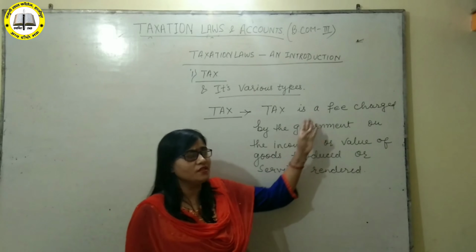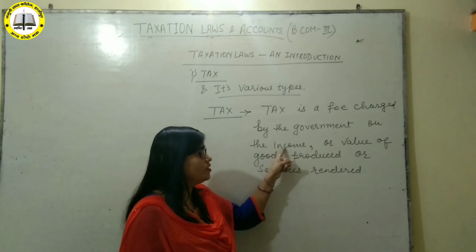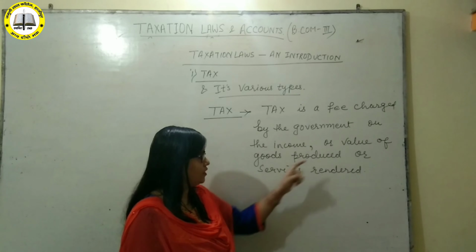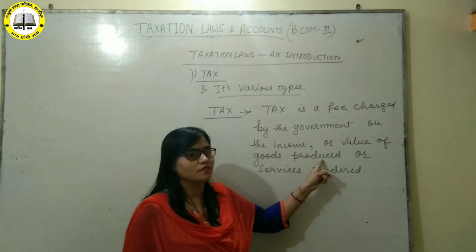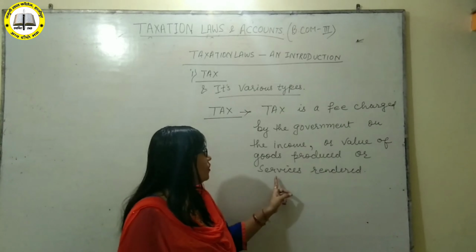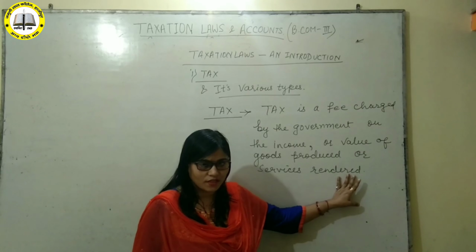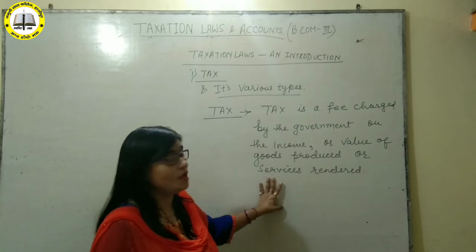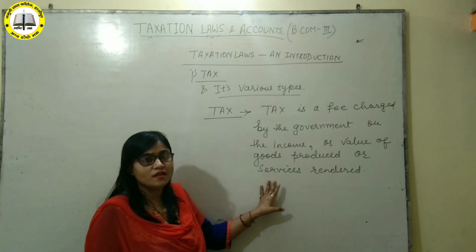Means it is a fee which is charged by the government on the personal income of the household and the value of goods produced by the industrialist or services rendered by the professional. So, it is a compulsory fee which is charged by the government.